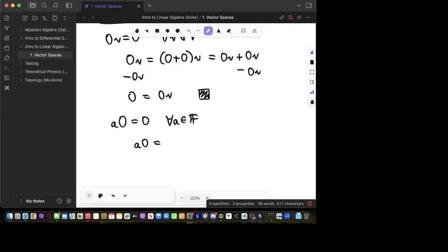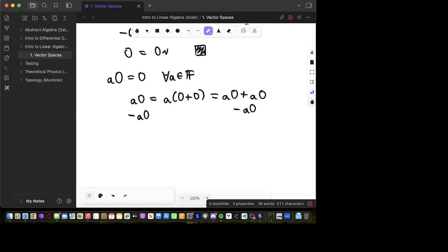Remember that by the additive identity property, we have 0 plus 0. And by the distributive property, we have a times 0 plus a times 0. And then if we add the additive inverse, or subtract a times 0 on both sides, we get 0 equals a times 0, which is what we wanted to prove.